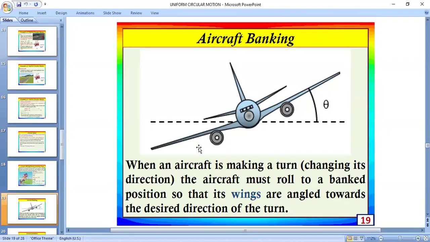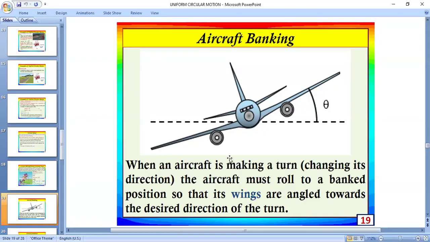Another area of uniform circular motion is the aircraft banking, where we have an aircraft that is making a turn. Those who take aviation, I think, understand this more. The aircraft must roll to a banked position so that its wings are angled towards the desired direction of the turn.